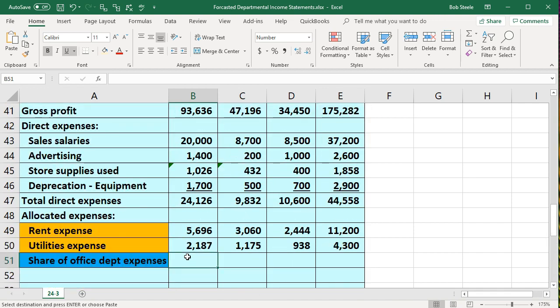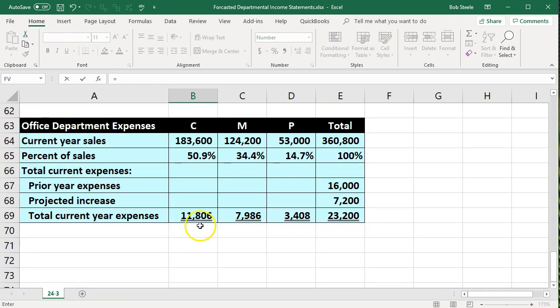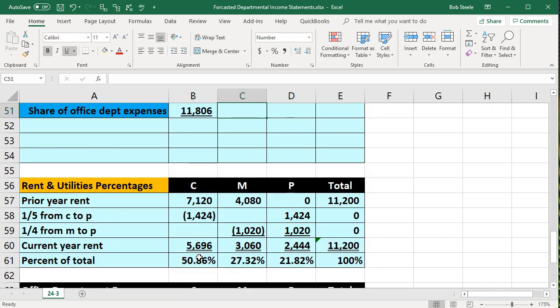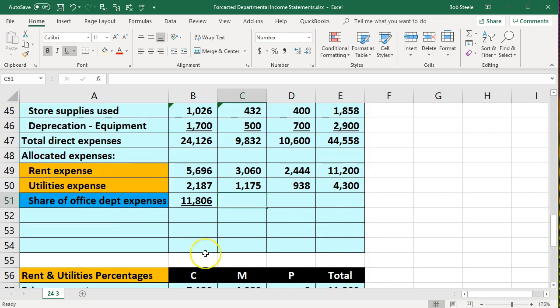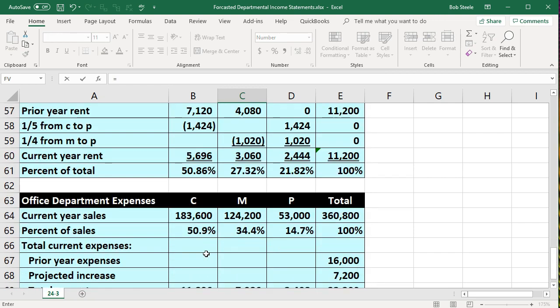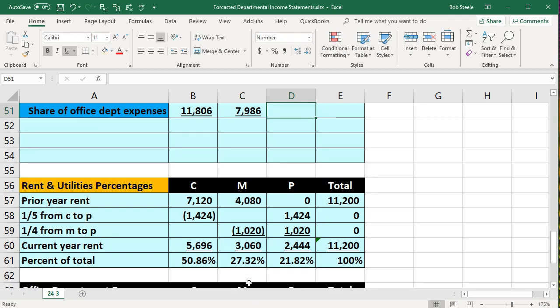So we're in C for share of office department expenses in cell B53 equals, scroll back down, we're going to pick up that 11,806 tab. Then for M in cell C51 equals, scroll back down, we want that 7,986 tab.